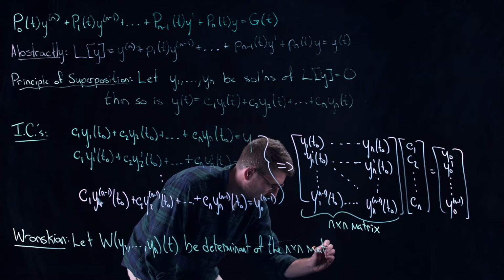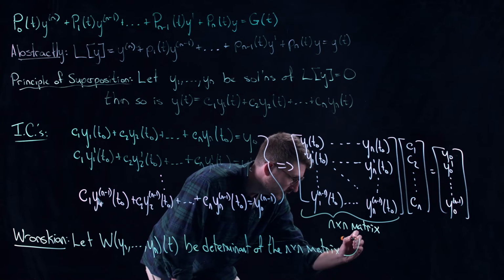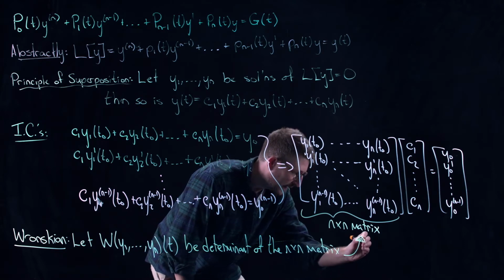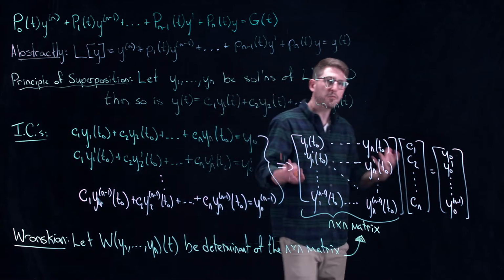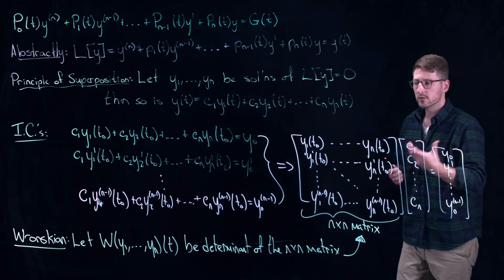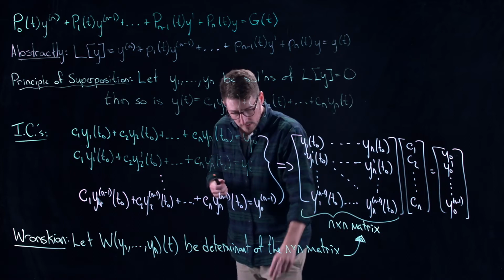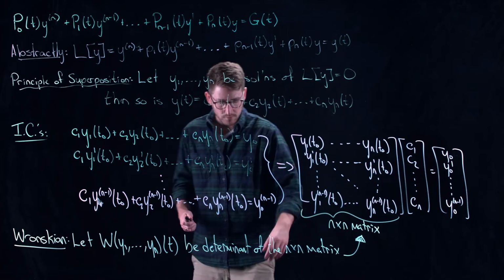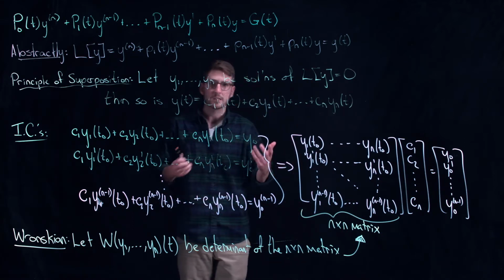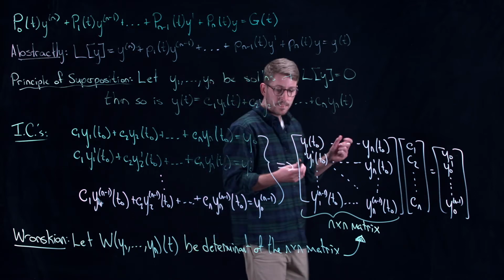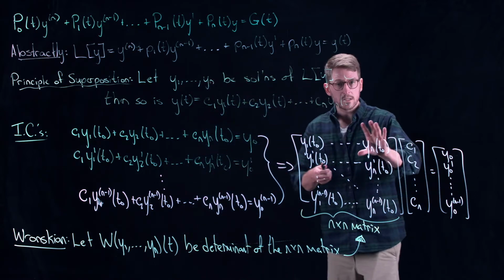And I'm just going to use an arrow. It's that n by n matrix, right? So it's a lot more writing in this lecture than it is actually thinking, right? It's just an extrapolation lecture. And I'm using this to formalize things that we might already understand intuitively. So the Wronskian is the determinant of this thing.